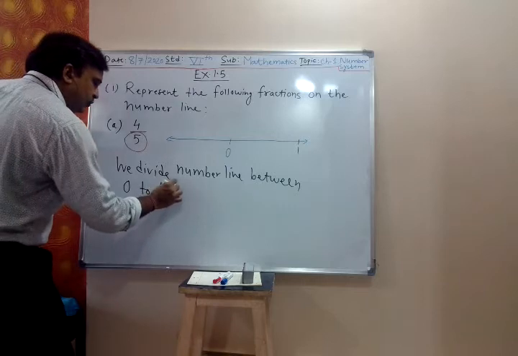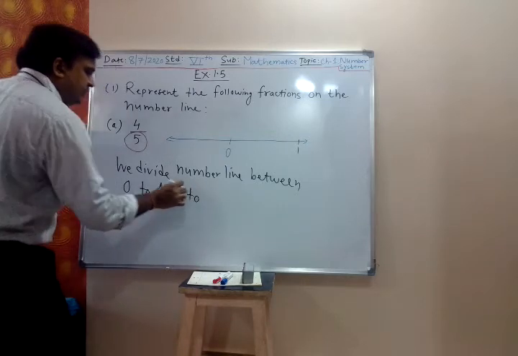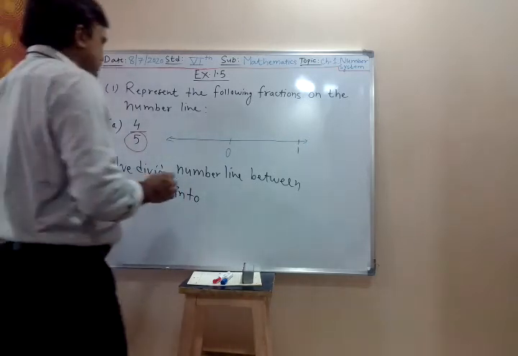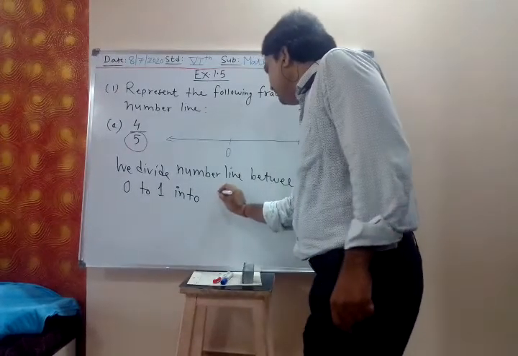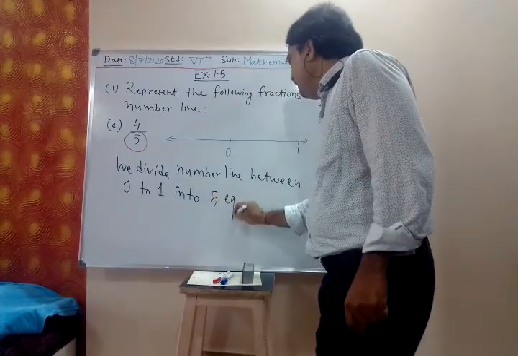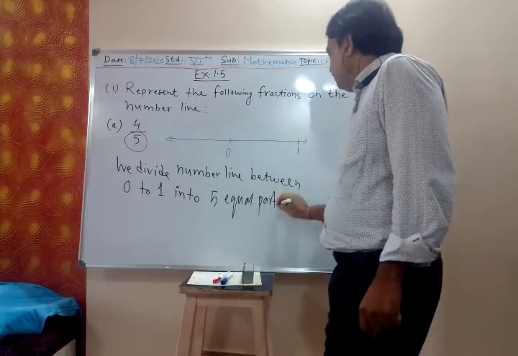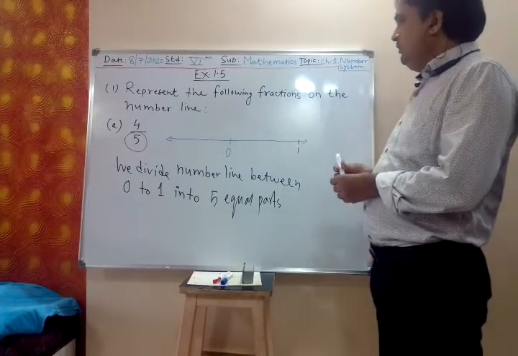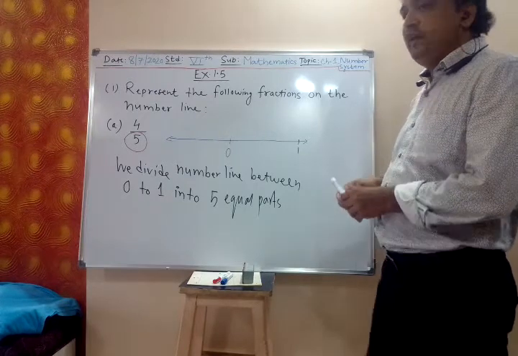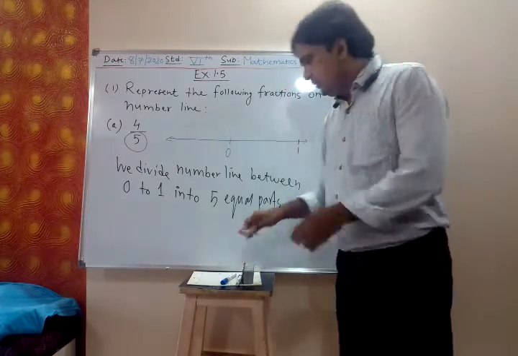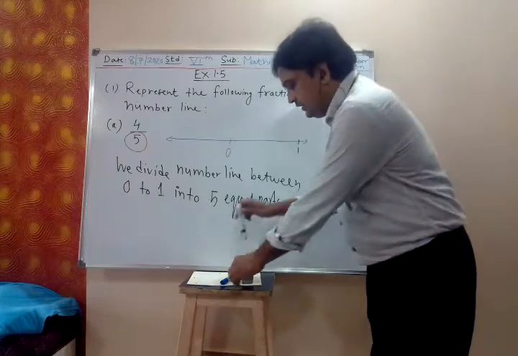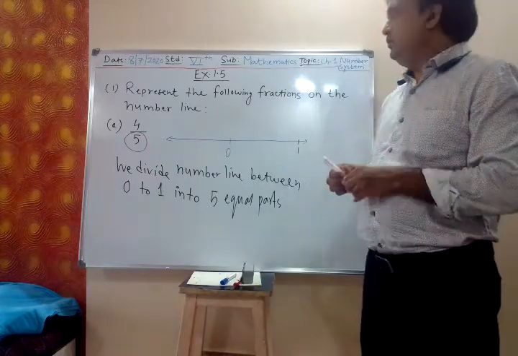You have to see the denominator. Denominator is 5. So into 5 equal parts. So we divide 0 to 1 into 5 equal parts.